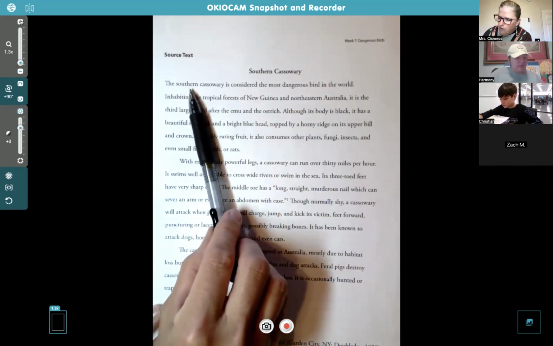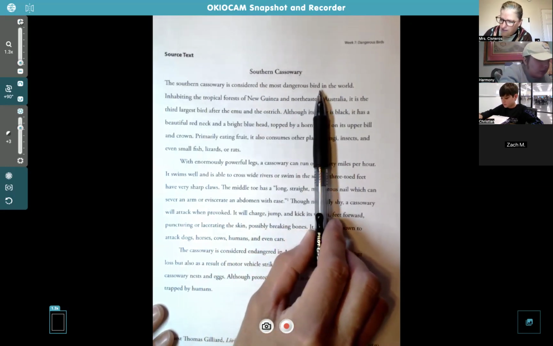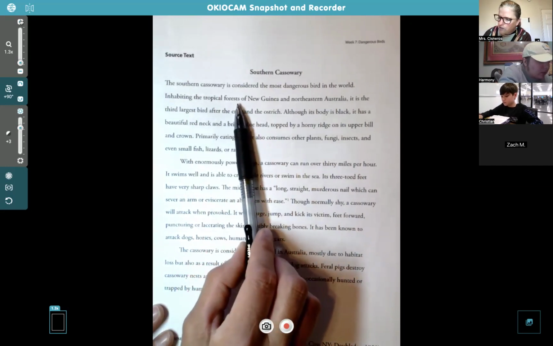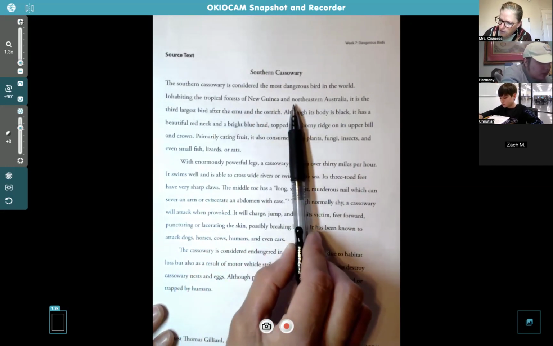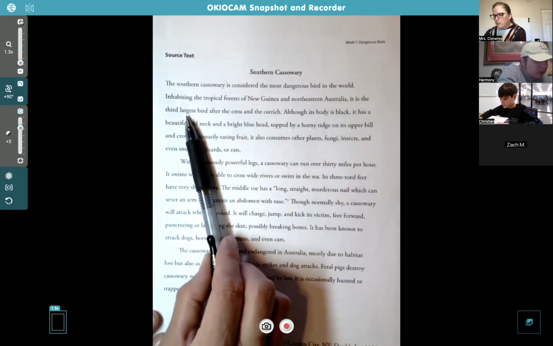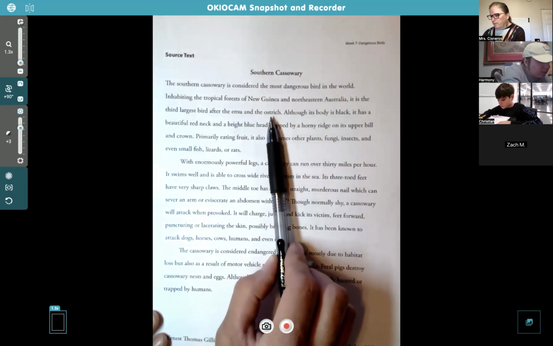All right. The southern cassowary is considered the most dangerous bird in the world. Inhabiting the tropical forests of New Guinea and northeastern Australia, it is the 3rd largest bird after the emu and the ostrich.